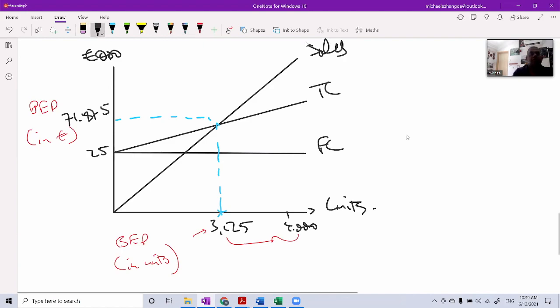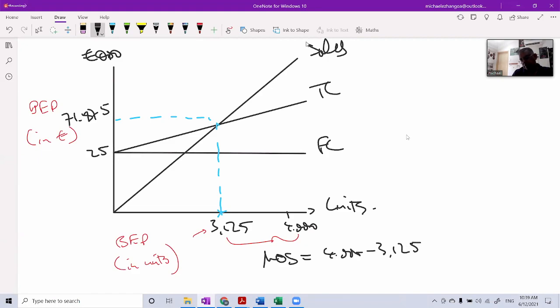This difference is your margin of safety: 875 units. Check. So again, that gives you an idea of what your margin of safety is.